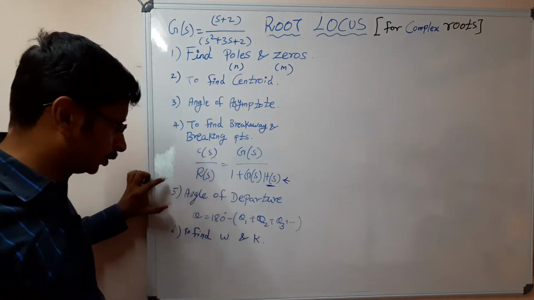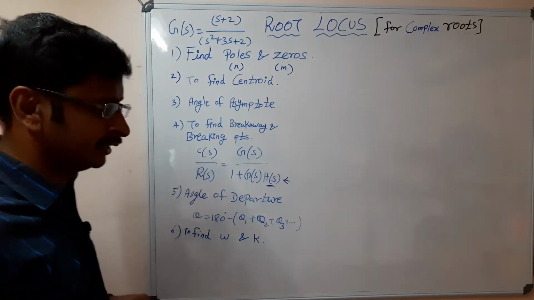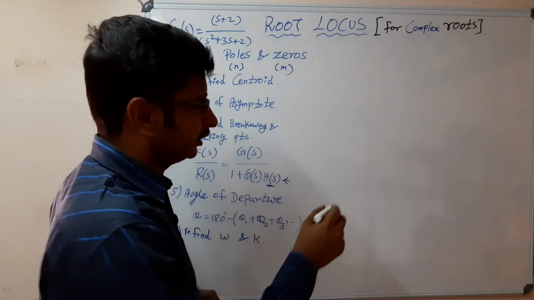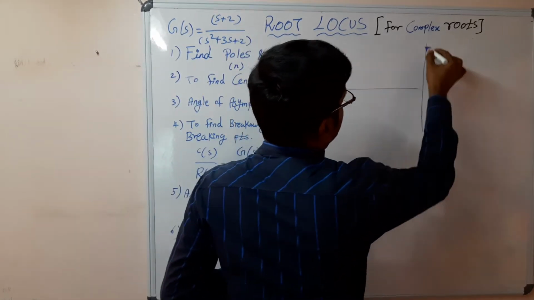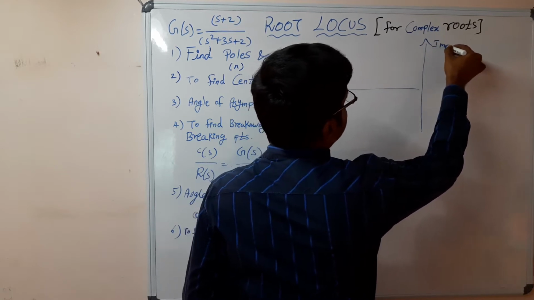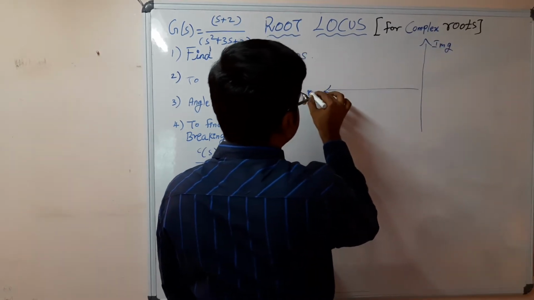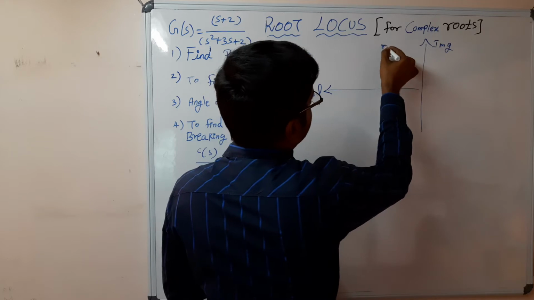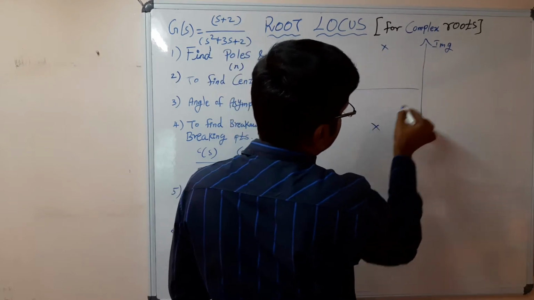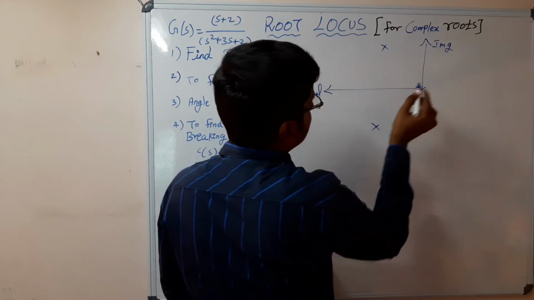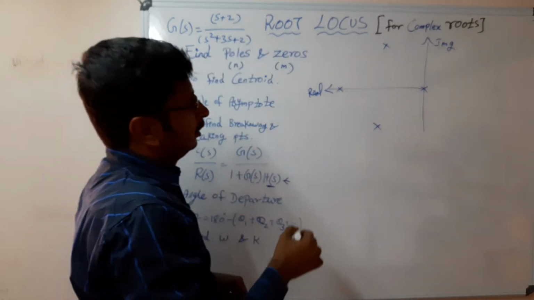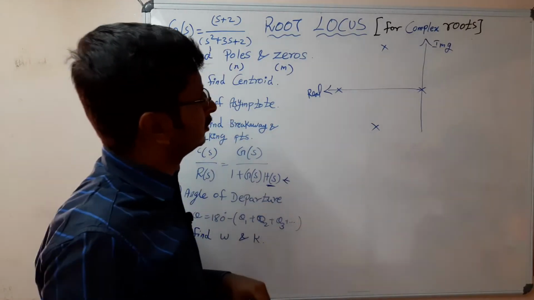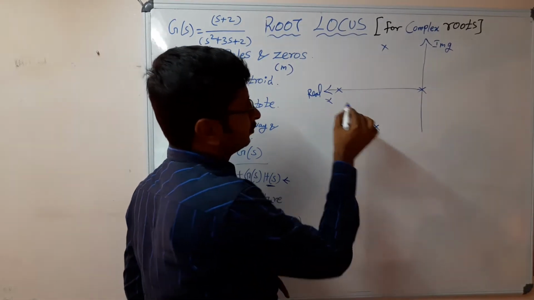Now we are going to focus only on the angle of departure, theta. How are we going to find out the theta? Let me assume a normal axis, this is my imaginary, this is my real, and my two complex poles are located here, my one pole at origin and another pole at something near to minus infinity.